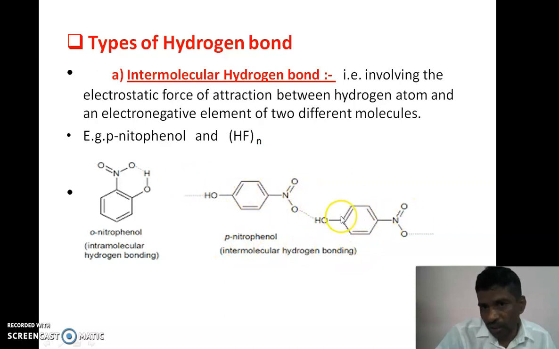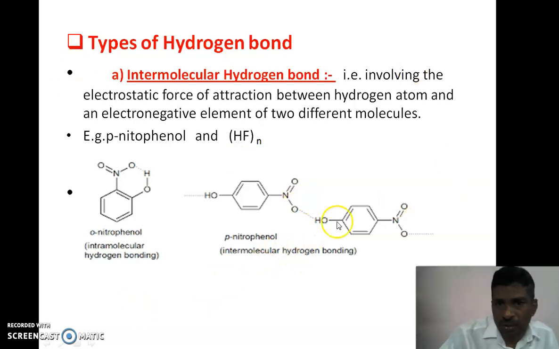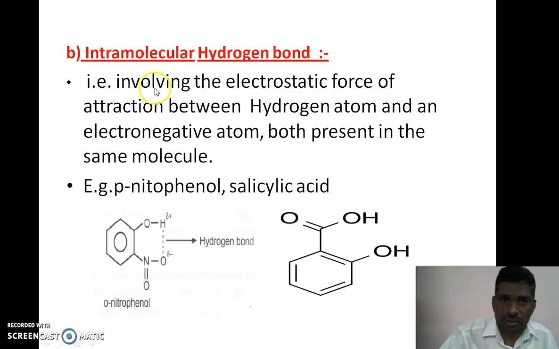These are two different molecules, and in between them the oxygen of the first nitrophenol and the hydrogen of the other nitrophenol, O acquires a partially negative charge and H acquires a partially positive charge. Due to this opposite charge, there is an electrostatic force of attraction and it forms a hydrogen bond, and this dotted line is known as the hydrogen bond. These bonds are known as intermolecular hydrogen bonds, that is, a bond formed between two different molecules.